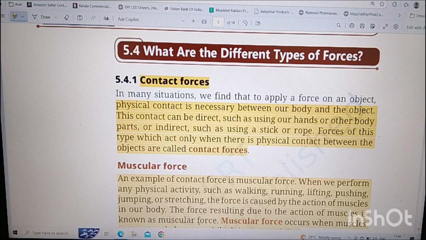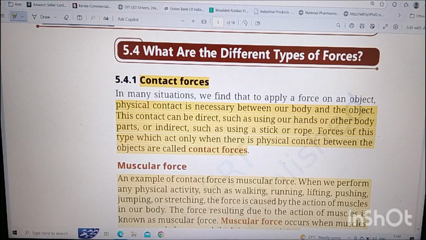Whenever there is direct physical contact between the body and the object, this contact can be direct, such as using our hands or other body parts, or indirect, such as using a stick or rope. Forces of this type, which act only when there is physical contact between the objects, are called contact forces. Whenever a physical contact occurs between two objects, the force acting on them is called a contact force.